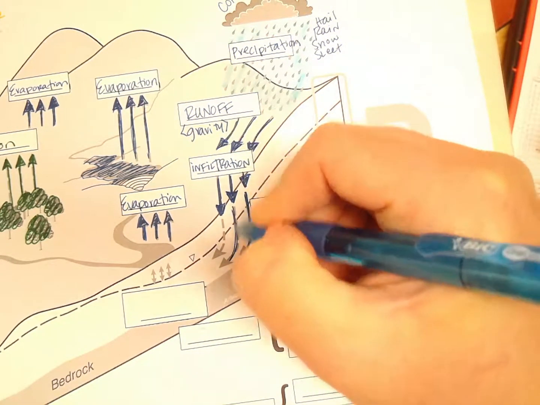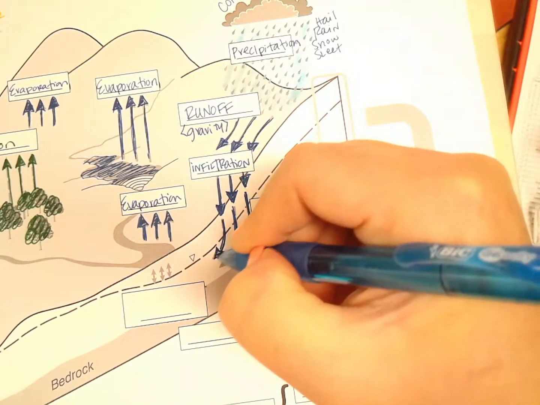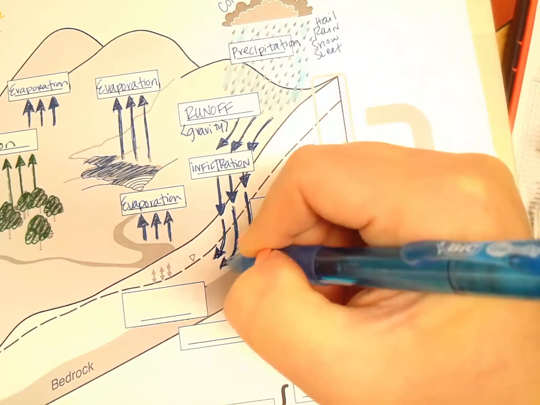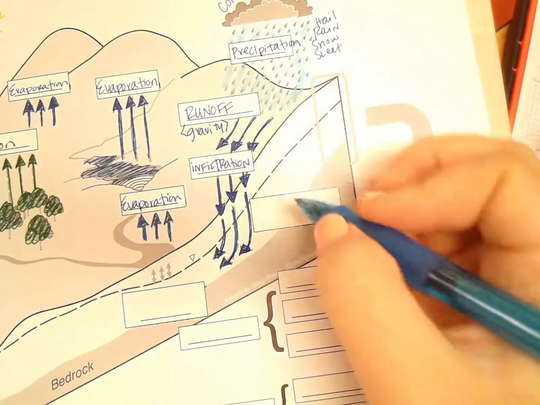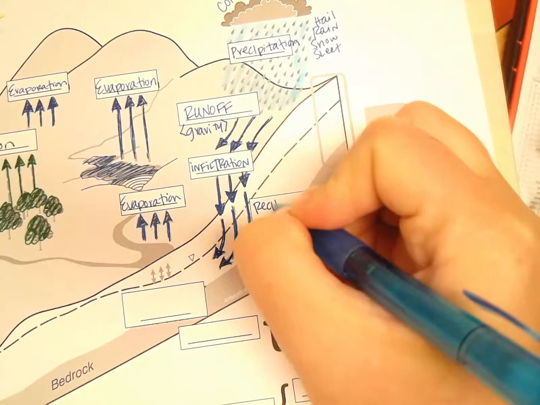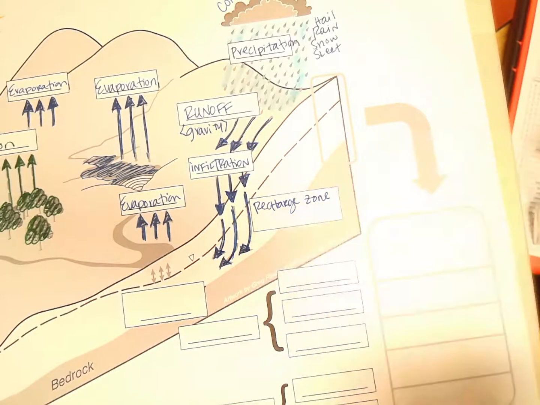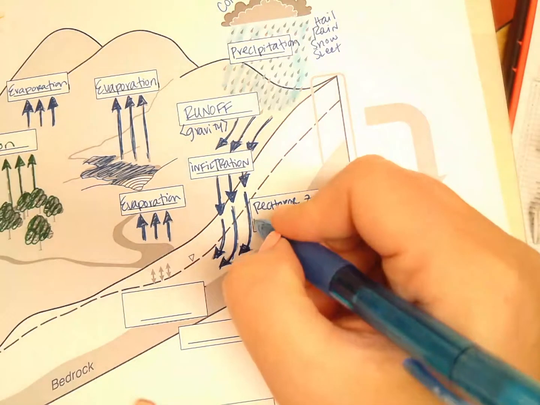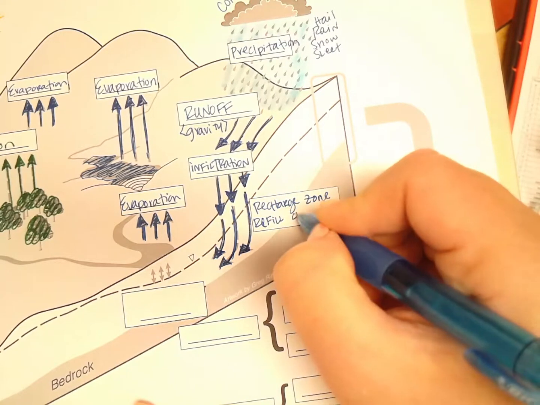And it's going to refill our groundwater supply. And what do we call it? We don't say refill, we call it recharge. This is called a recharge zone. This is how that water is going to refill our aquifer.